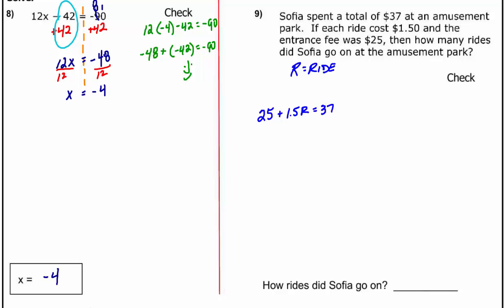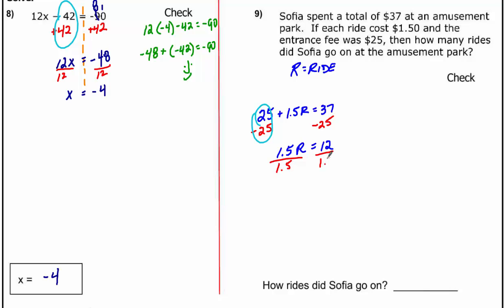Altogether, that was $37. Step 1, take away what she paid for admission. So once we eliminate the admission, what we have left is that $1.50 times the rides is equal to 12. $12 was what she spent on rides.